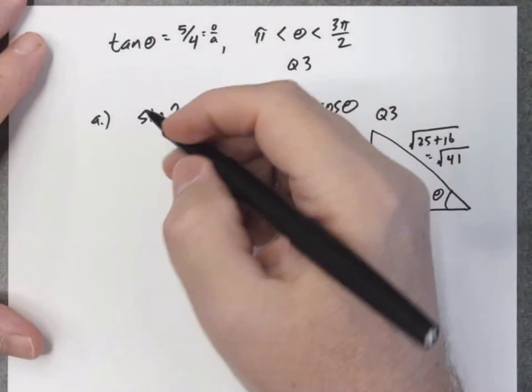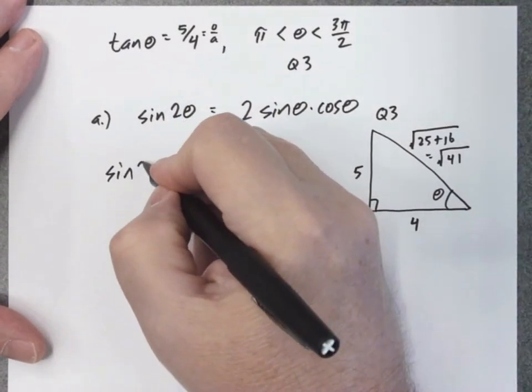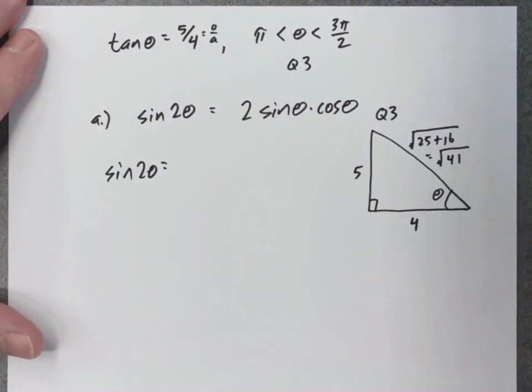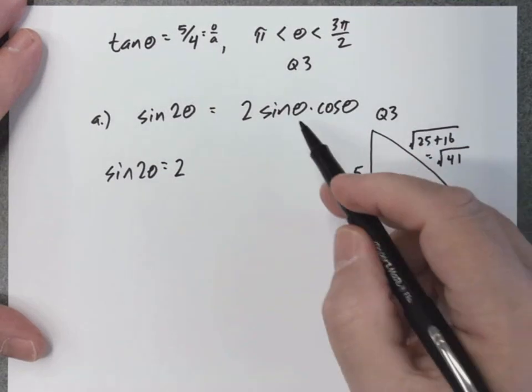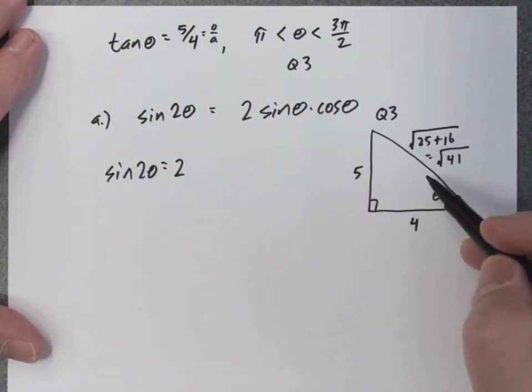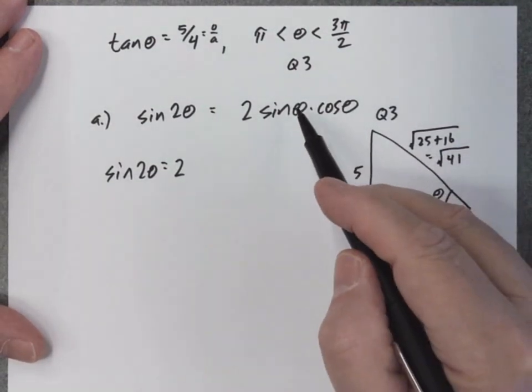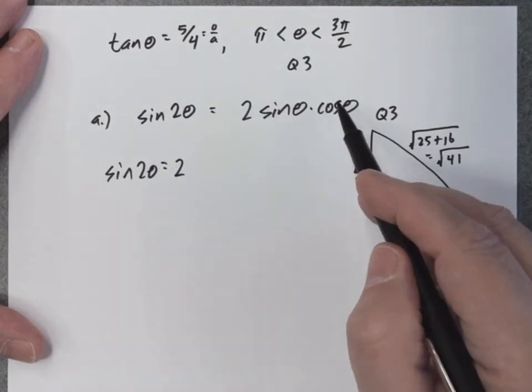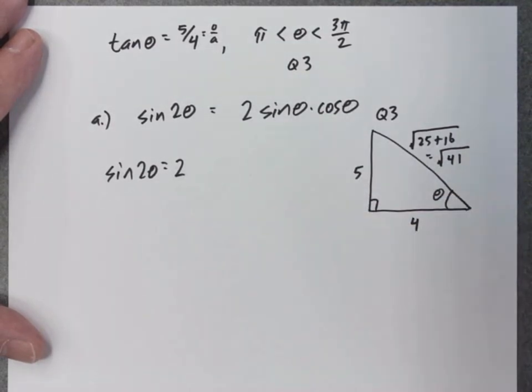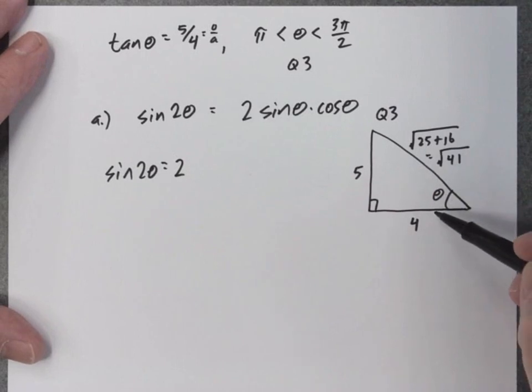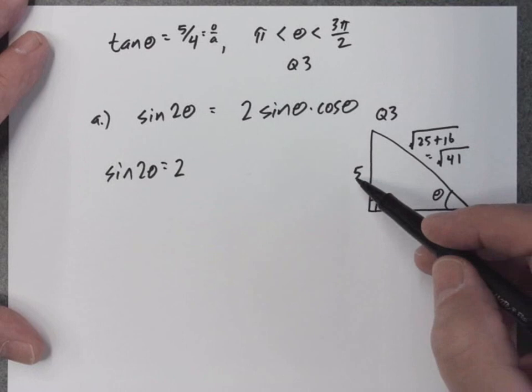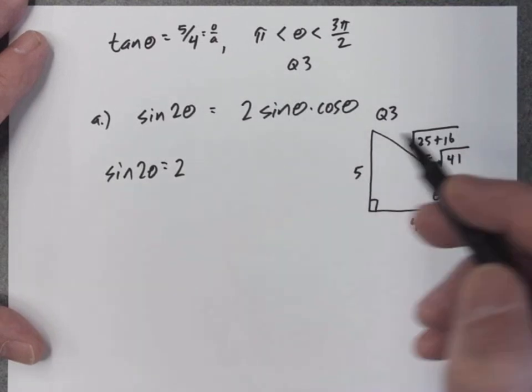So now, here's what I do. I say the sine of 2 theta. I simply go, based upon this triangle I've created, figure out what the sine of theta is and what the cosine of theta is, and you plug them in. Sine of theta, sine is opposite over hypotenuse.